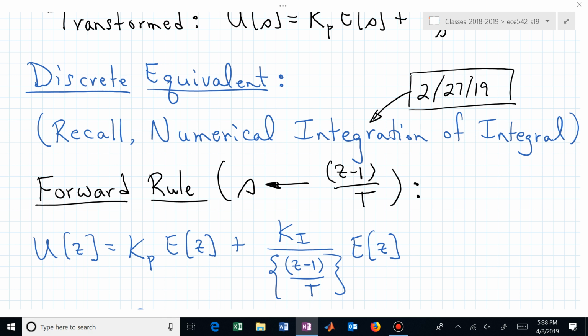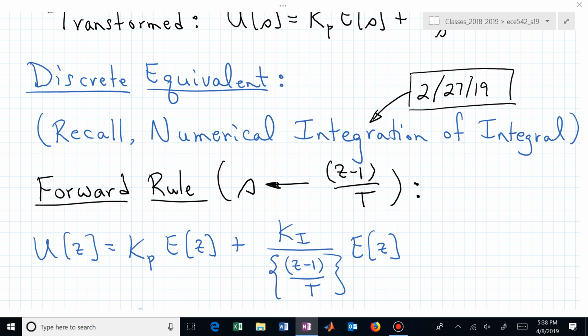We now have K sub P times E, and we've simply changed the arguments on U and the error, and scaling the second term is now what's associated with the integrator piece of our PI controller.